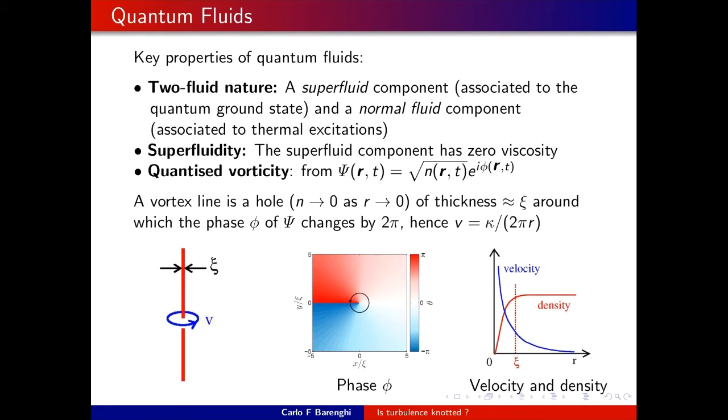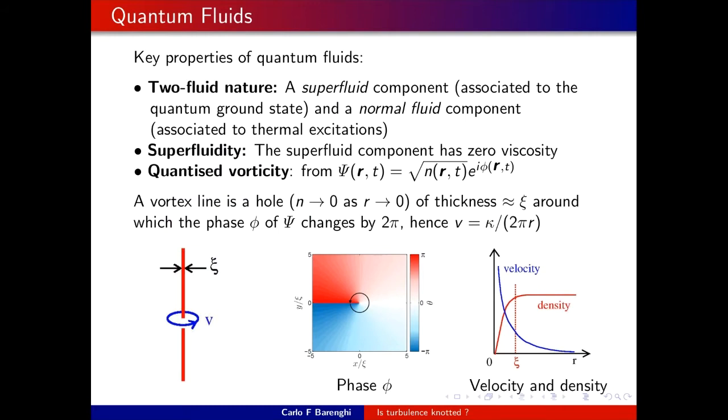Now this macroscopic wave function is a complex field. It has therefore an amplitude and a phase. And let's write the amplitude in this fashion, like the square root of a density, and the phase is this angle phi, which you see at the exponent. So these two fields actually can be associated to a fluid. So this n will be a number density.